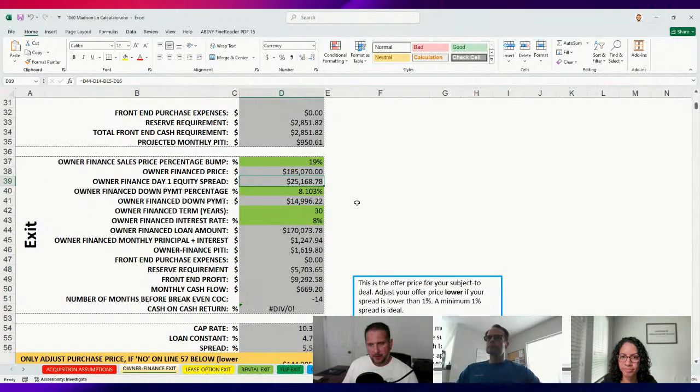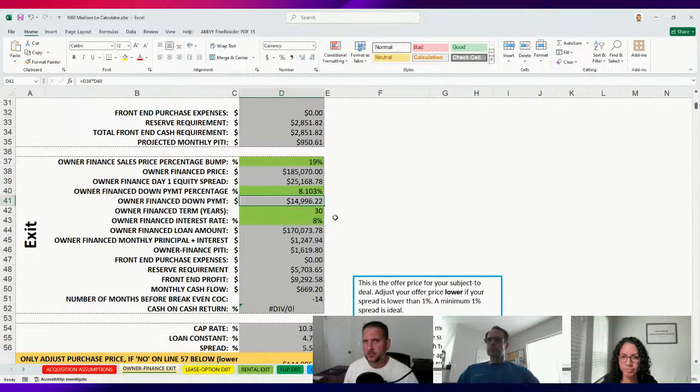So what we do from there, this is where the fun part comes in, because there's going to be a lot of wholesalers out there that would maybe get this property under contract and wholesale this property. We actually get to kill two birds with one stone here. Let's talk about this. What does a wholesaler need when they're getting a property under contract? They need large spreads. That's how they're going to make their money. With this deal, we paid $9,000 to the wholesaler.